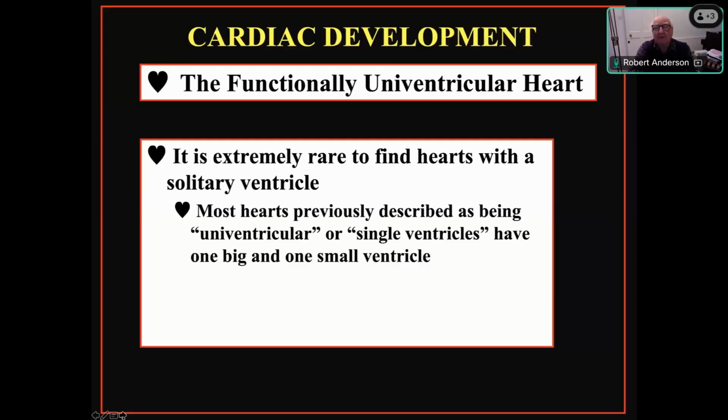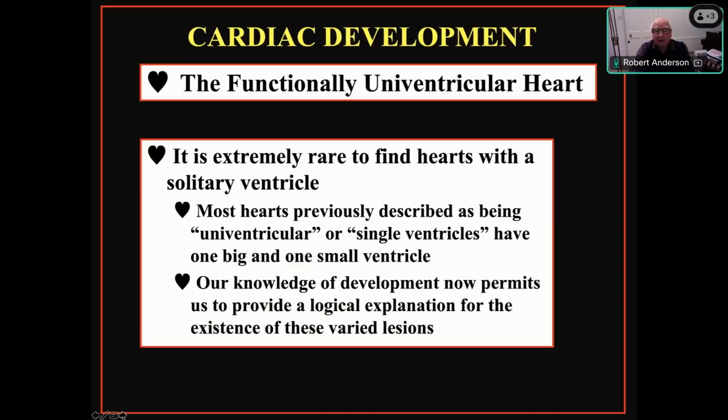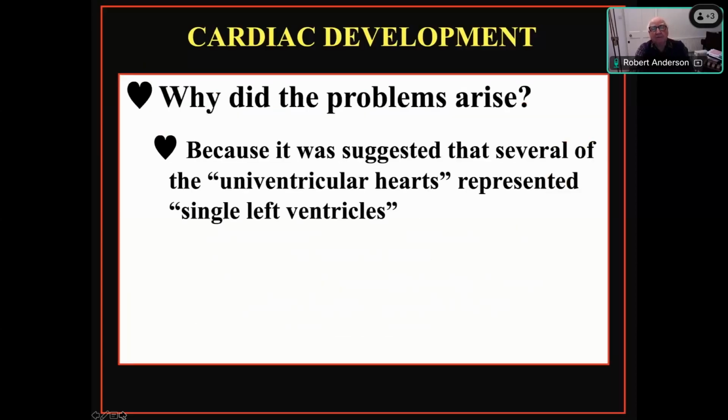But now we know that the majority of those hearts that 50 or 60 years ago were said to be univentricular or single ventricles, in reality have one big and one small ventricle. And what I'm going to try to show you now is how our knowledge of development permits us to produce logic into the understanding of the varied lesions that nowadays we know are functionally univentricular.